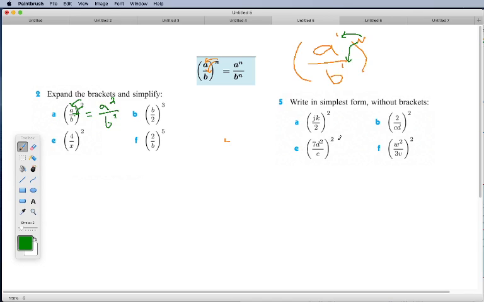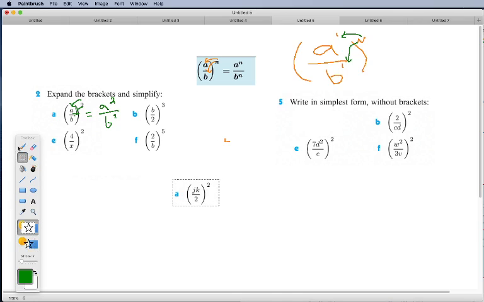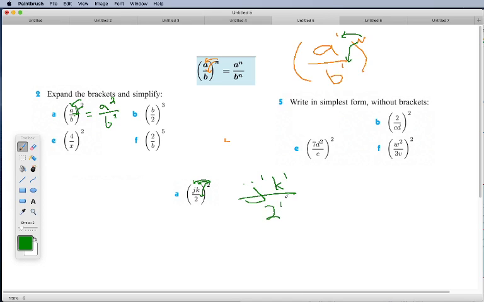Okay, let's try maybe a more difficult one here. So let's grab this one here. And now what happens is, if you look, I have a j, a k, and a 2. So just like the previous one, I need to bring the 2 into the j and the k, but because there's division, I can bring it into the 2 as well. So I'm going to rewrite this so you can see it better. So j to the power of 1, k to the power of 1, and 2 to the power of 1.